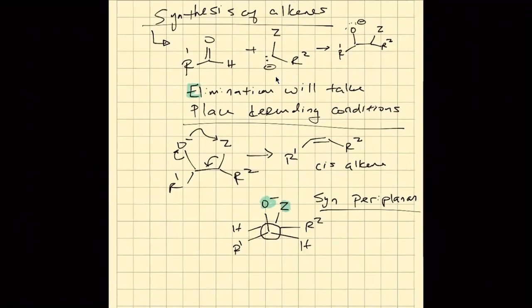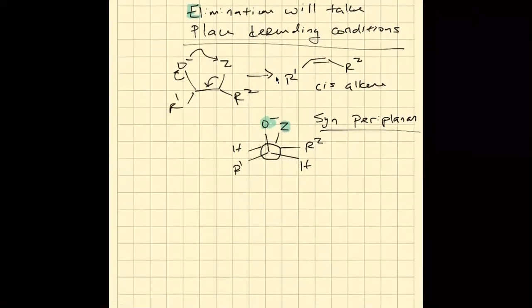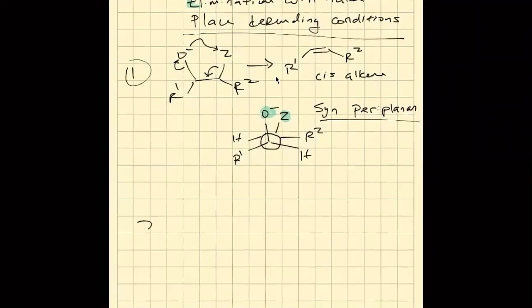I start with the same intermediate, but then I treat this with a proton source, basically converting the oxygen into water, which is a different type of leaving group. I'll end up here.